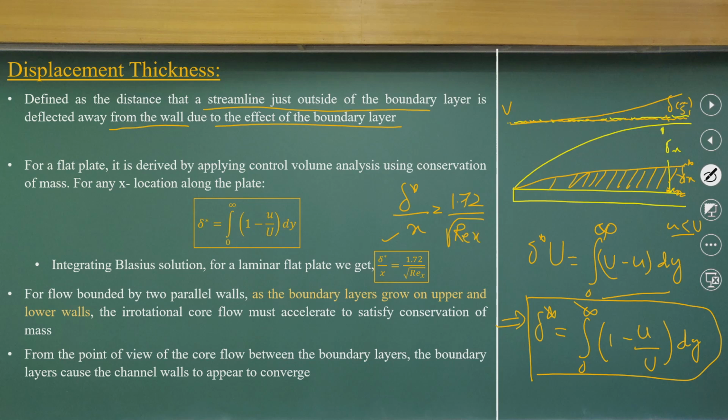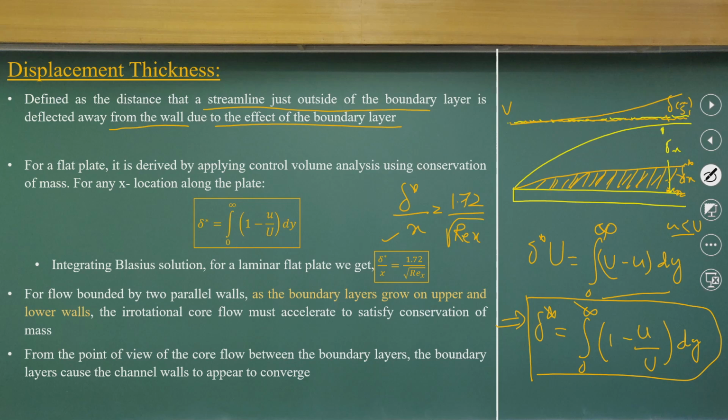The same way, as we know the velocity distribution, we can get it just by doing these integrations. The equation format will be the same, the trend will be the same. So, this is the displacement thickness.